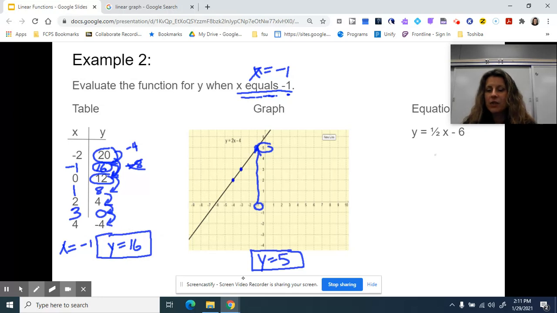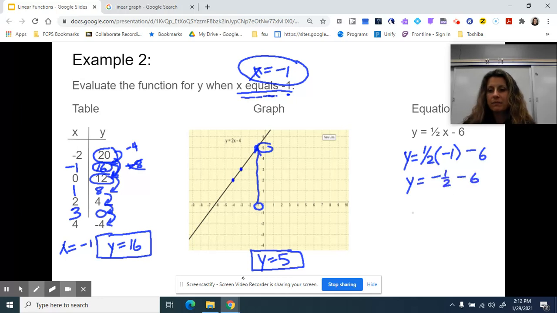Okay, the last example is our equation. Again, we want to know what y is when x equals -1. This time we're going to plug in -1 for x. So y equals 1/2 times the value of x, which we were given is -1, minus 6. -1 times 1/2 gives me -1/2, and we're subtracting 6 from it.